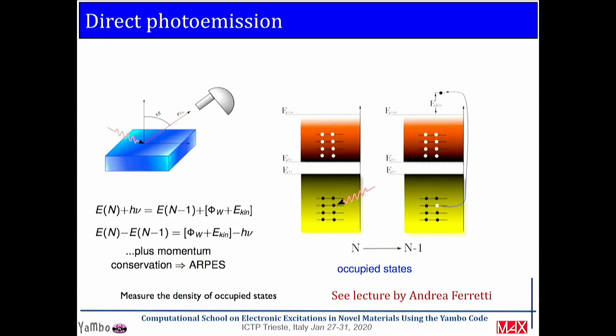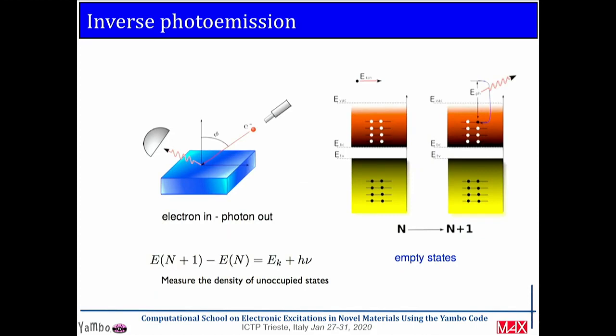We want to calculate and give interpretation to direct or inverse photoemission experiments. It's important to see that conservation of energy and conservation of momentum give access to ARPES experiments, and the process in the systems is to pass from an N electron system to N-1 electron system, and vice versa for inverse photoemission we pass from an N electron system to N+1.